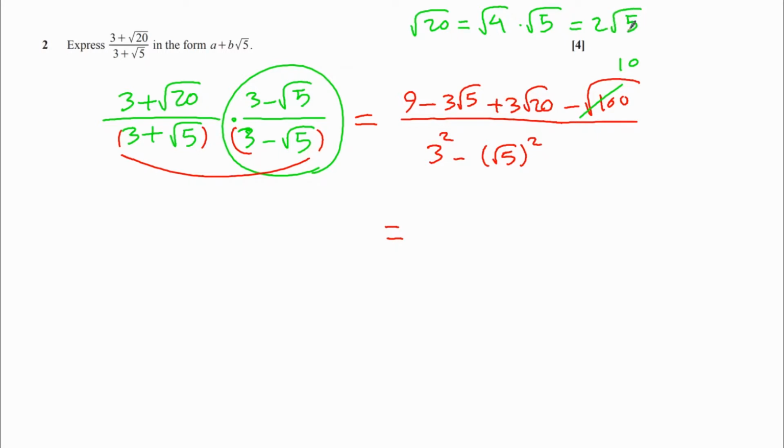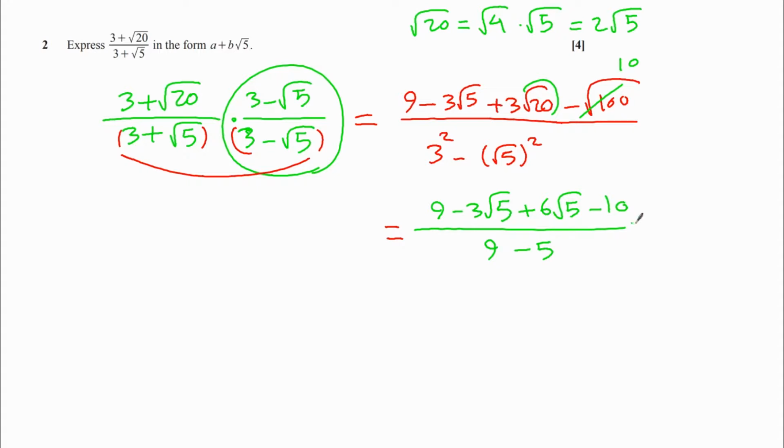So if I simplify a bit further, I will have 9 minus 3 square root of 5, plus 3 times 2 square root of 5, which is plus 6 square root of 5, minus 10, divided by 9 minus 5.